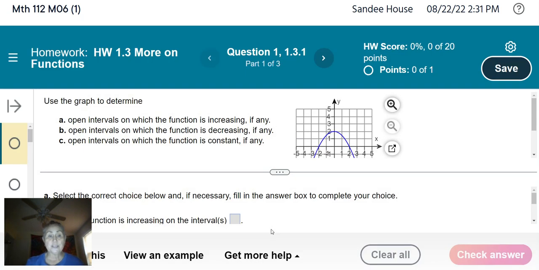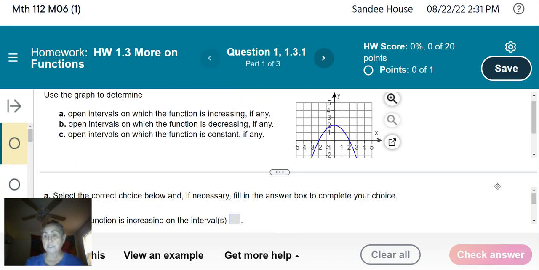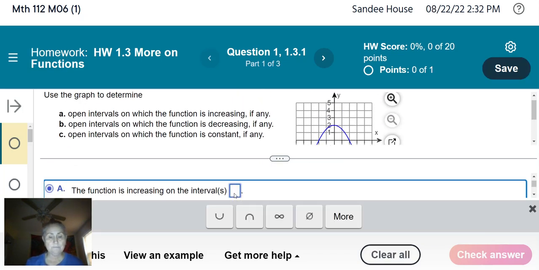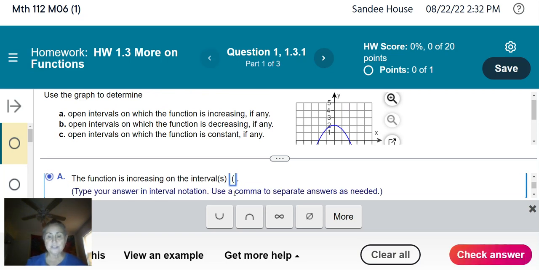So the interval over which this function is increasing is from parentheses negative infinity, comma, 0. Be very, very careful. A lot of folks will try to put that 2 there, but remember, we never use the y values. We only use the x values.